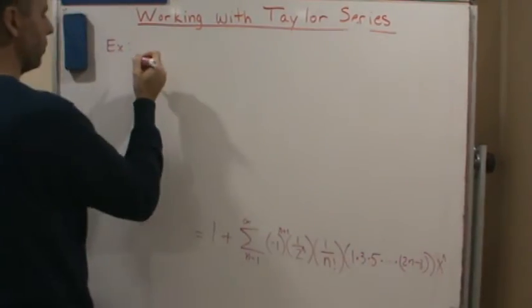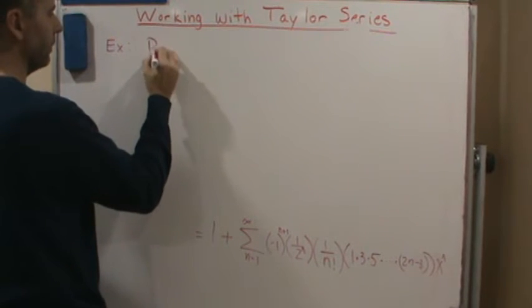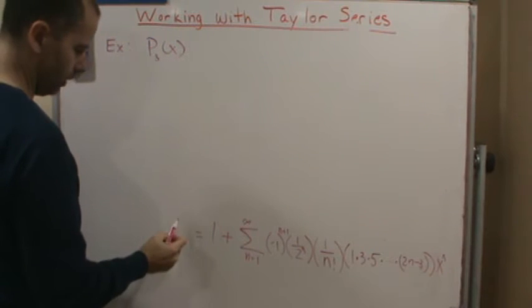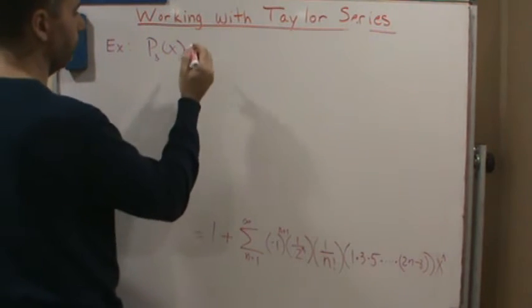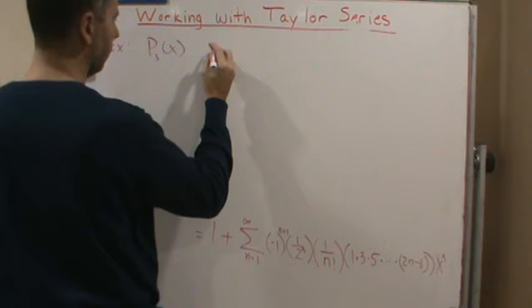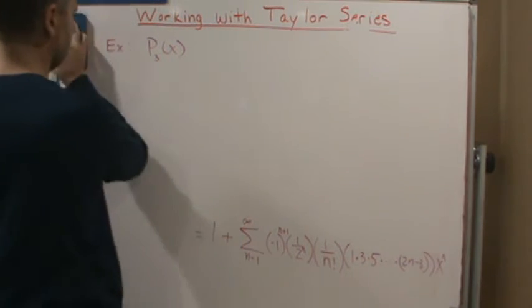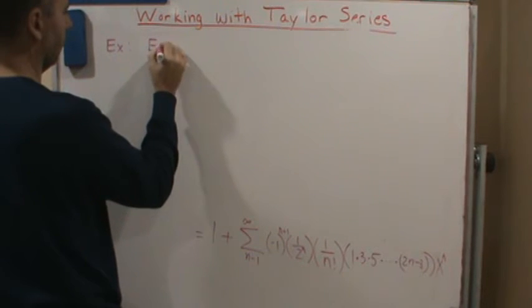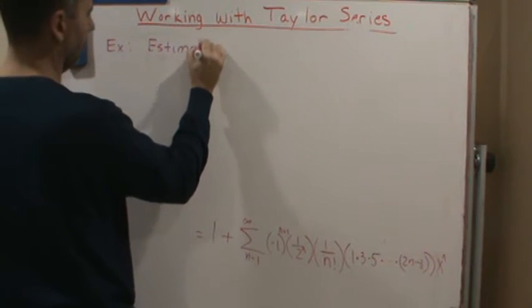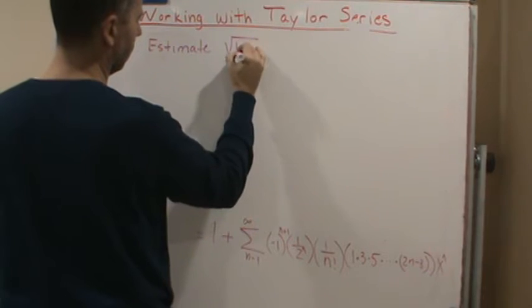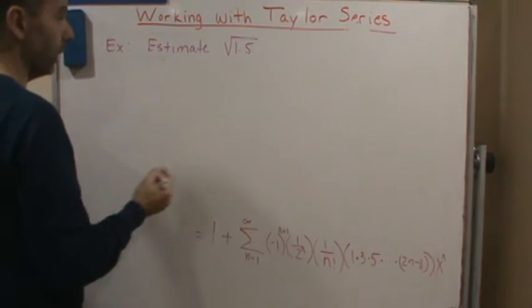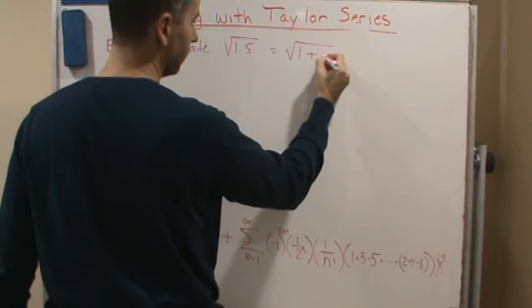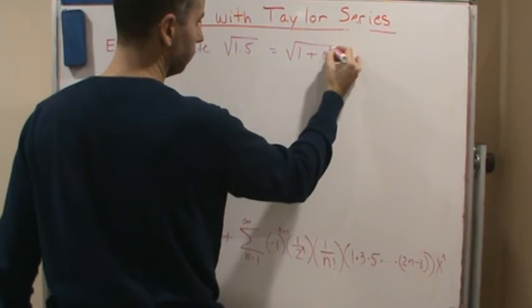And so we want to use P sub 3 of x, based on this, to estimate. Which we can write as the square root of 1 plus 0.5.